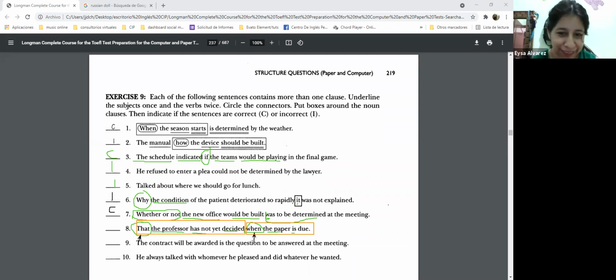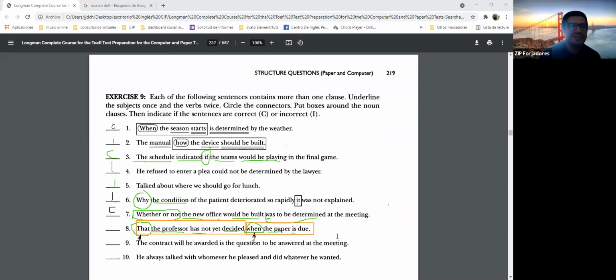So how are you going to correct it? Well, if you omit the period and you say "is certain," for example, and you add this one at the end of the sentence, it is correct. That the professor had not yet decided when the paper is due is certain, okay?